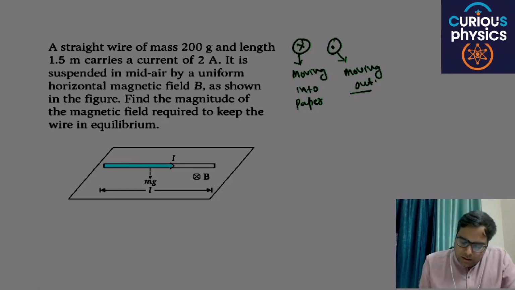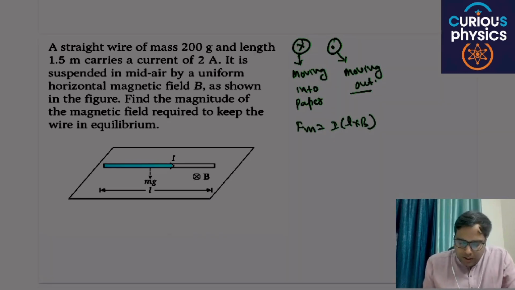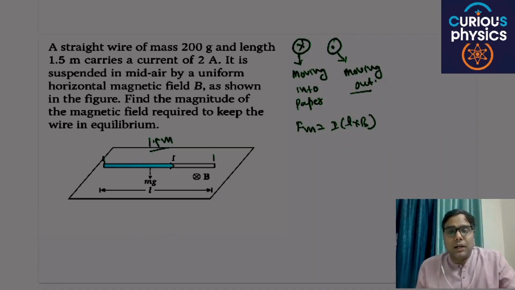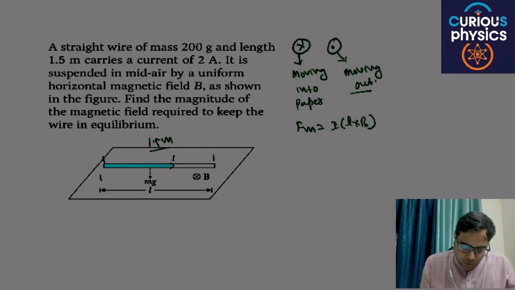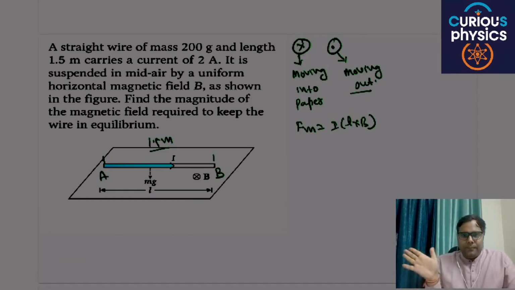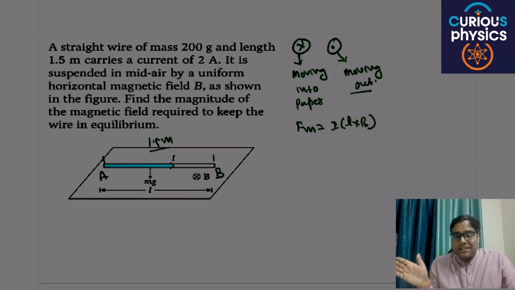Here we know that magnetic force will be IL cross B. The length is 1.5 meter, and as I said, if you want to treat length as a vector, the direction of length is the direction of current, let's say flowing from A to B. To find the force, L is in this direction, and curl your finger toward B. B is into the paper.